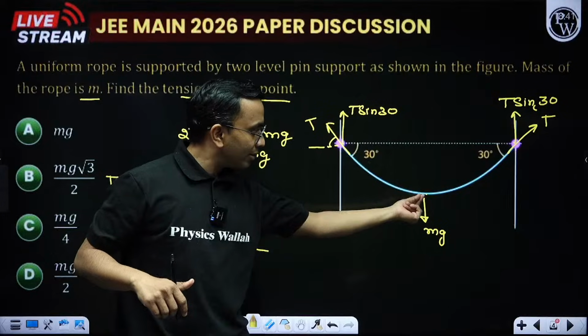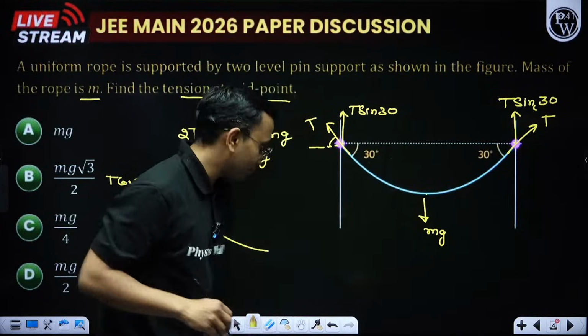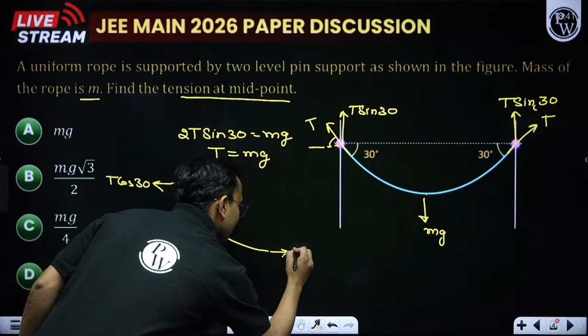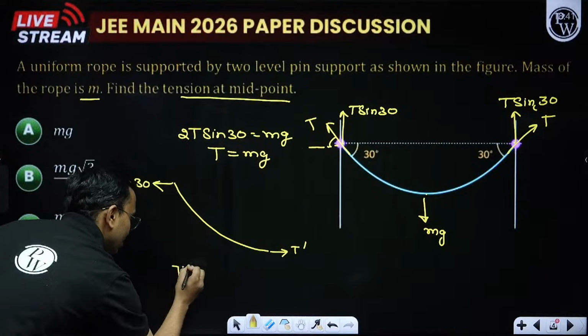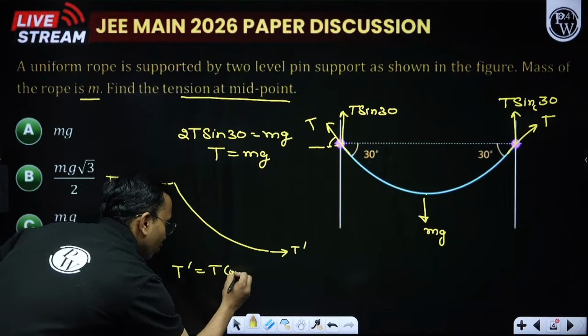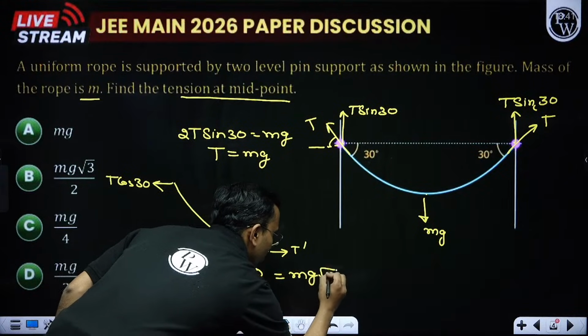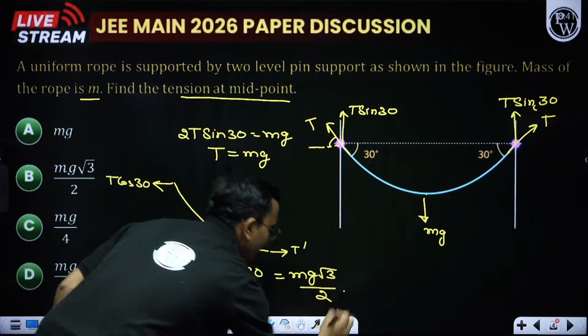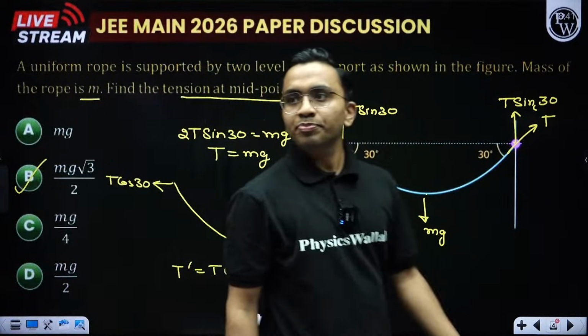At this point the tangent will be horizontal. So let us take this tension as T dash. Now this is in equilibrium in horizontal direction, so T dash is equal to T cos 30, which is mg root 3 by 2, that is option B.